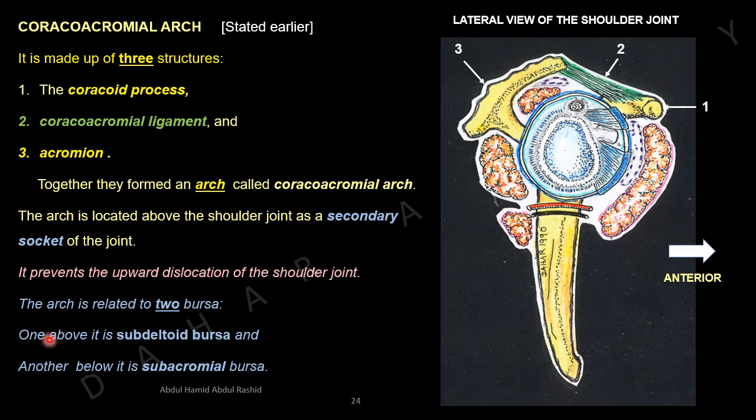The one above the coracoacromial arch is the subdeltoid bursa, because the deltoid muscle is above here. Another bursa is below the coracoacromial arch. Then it is called the subacromial bursa.